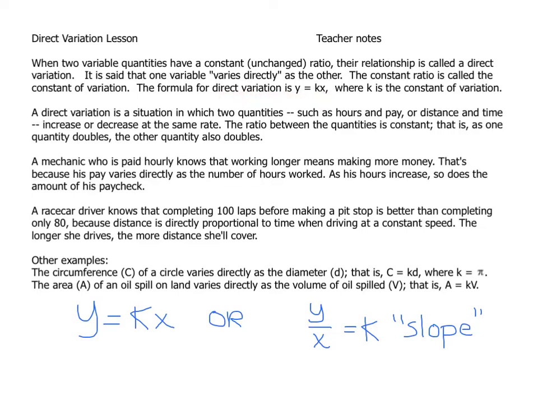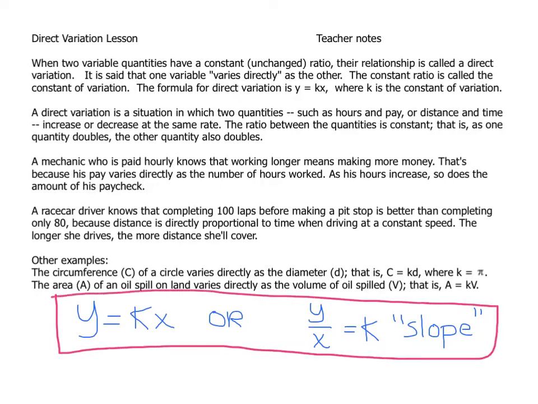I also want to point out down here I've written some other information: y is equal to kx, or y over x is equal to k, which is also known as the slope. Notice that we were doing problems with linear equations where slope was the m in front of the x, and then we were adding the b, the bomb.